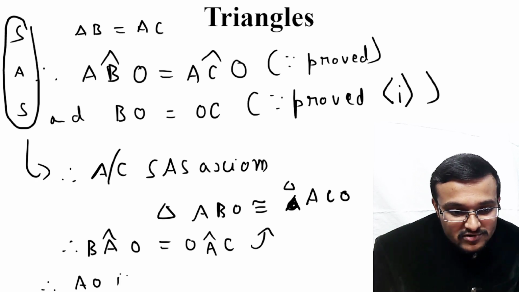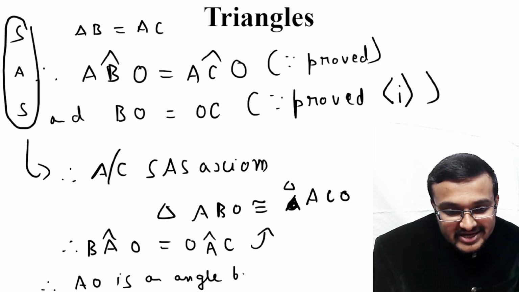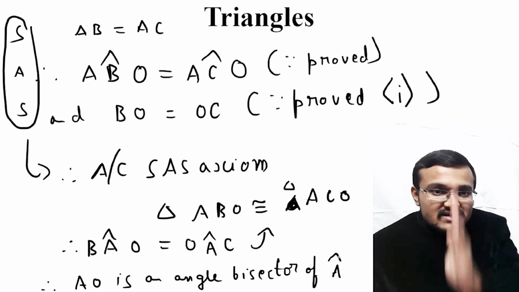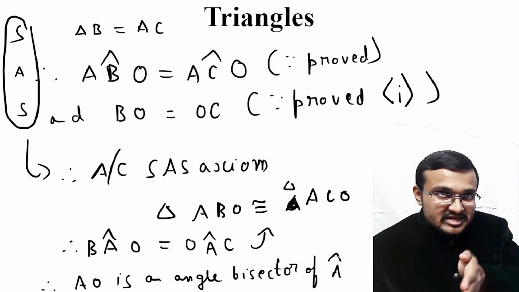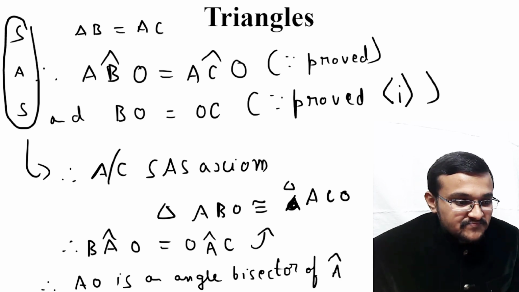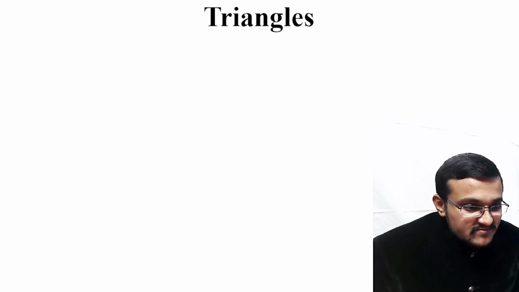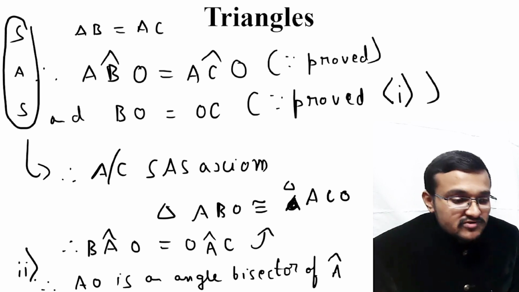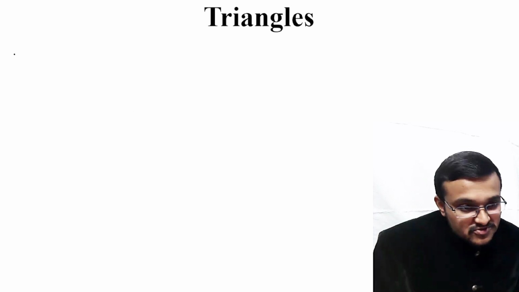Therefore, AO is an angle bisector of angle A because BAO is equal to OAC. So that means that particular AO is exactly bisecting the angle A into two different halves. So this is the proof for second question. So now we have proved both first and second question in the first question.